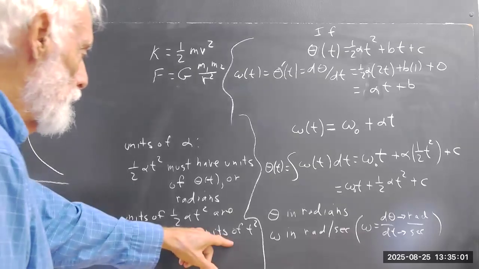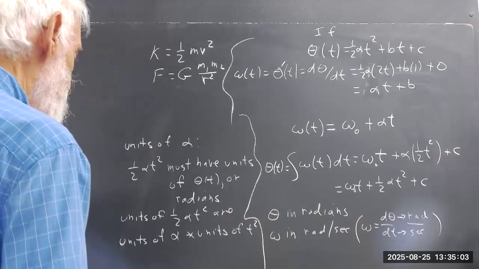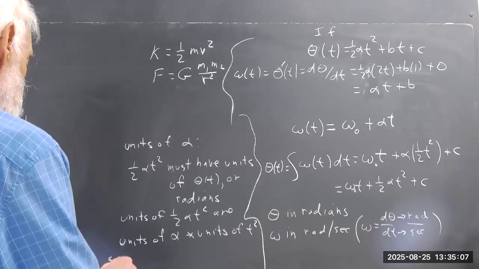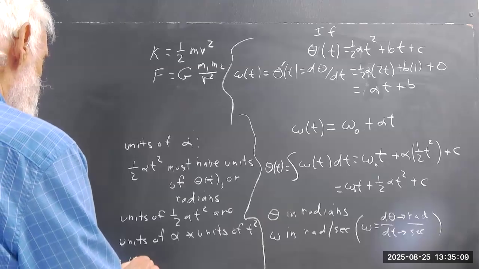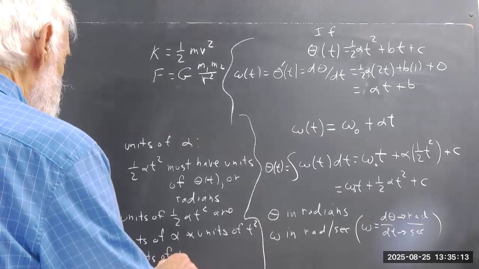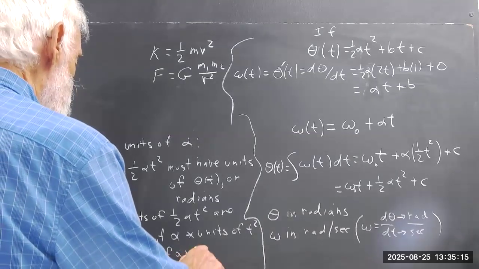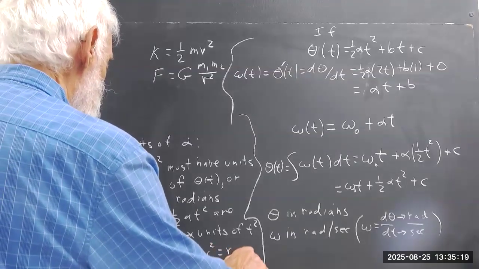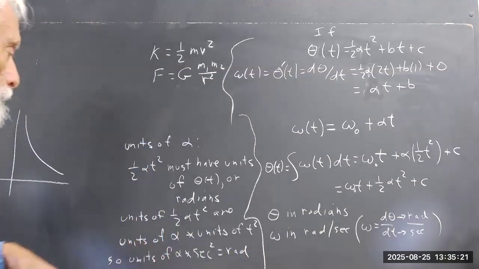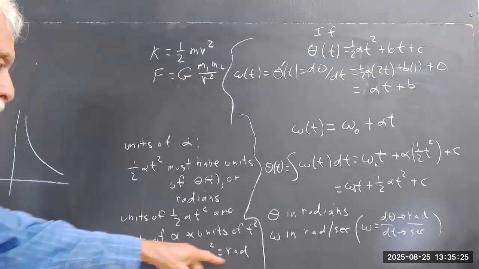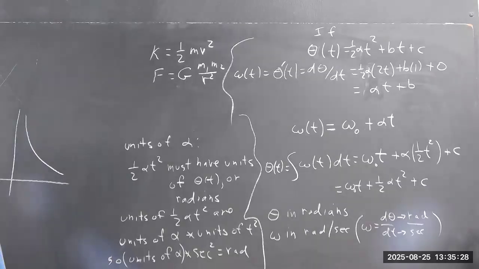Units of alpha times units of t squared. The units of alpha times seconds squared give you radians, right?